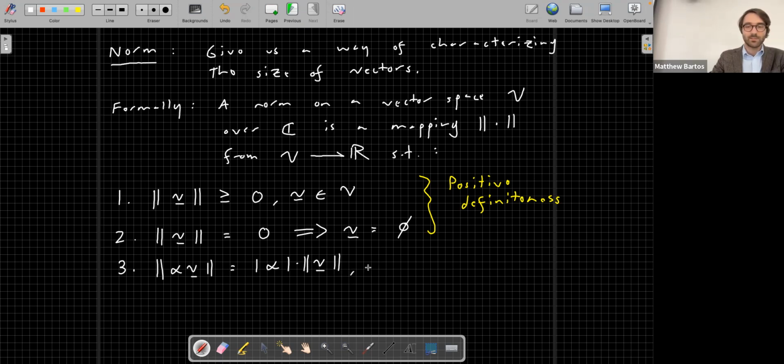And this is for all v in V, and for all alpha in the real numbers. Okay, and this is called the homogeneous property.